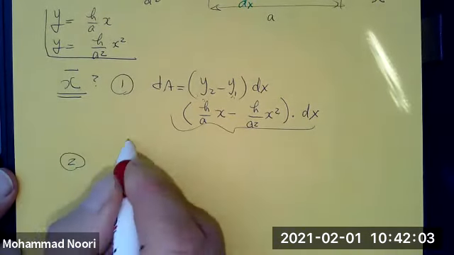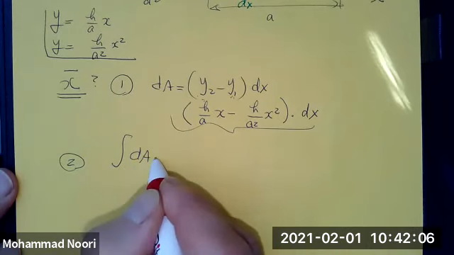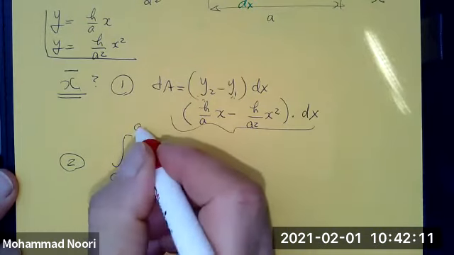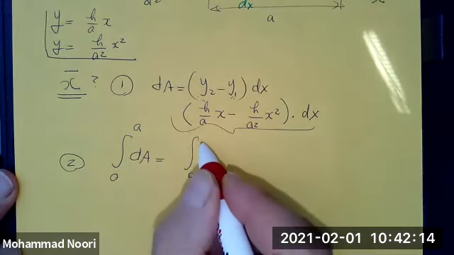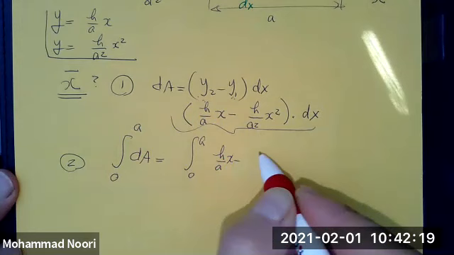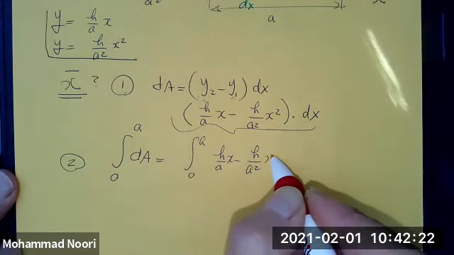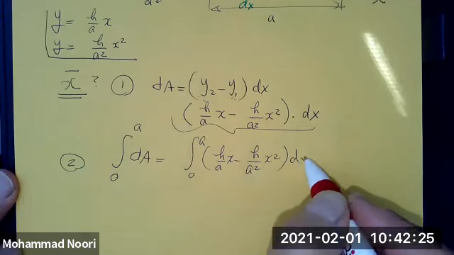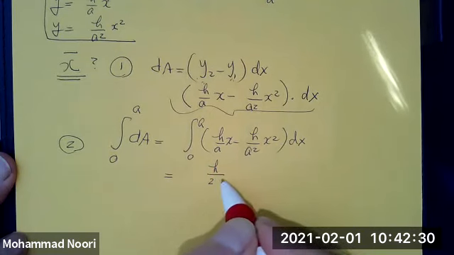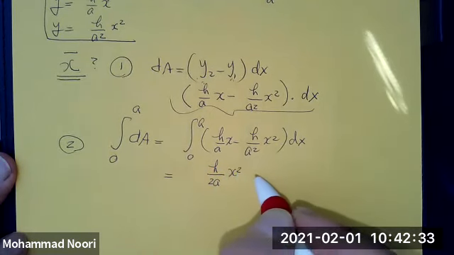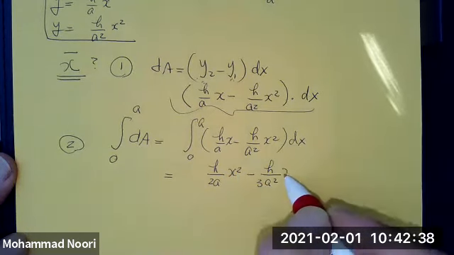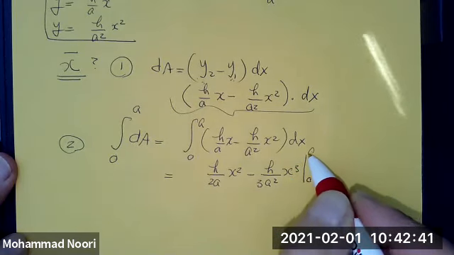The second step, you evaluate the integral of dA. X is going from here to here, from 0 to a. So this integral would be 0 to a of this function, which is h over a times x minus h over a squared times x squared, dx. So the integral here is easy, it is h over 2a times x squared minus h over 3a squared times x cubed, from 0 to a.